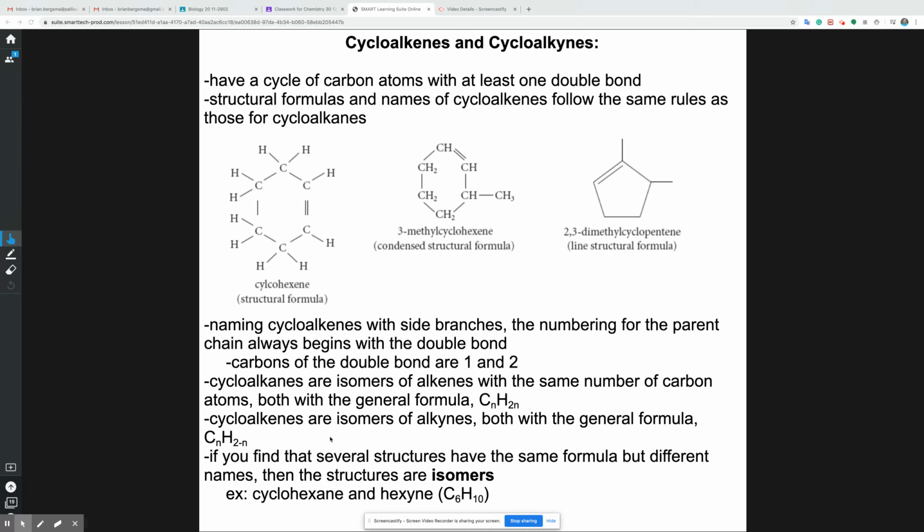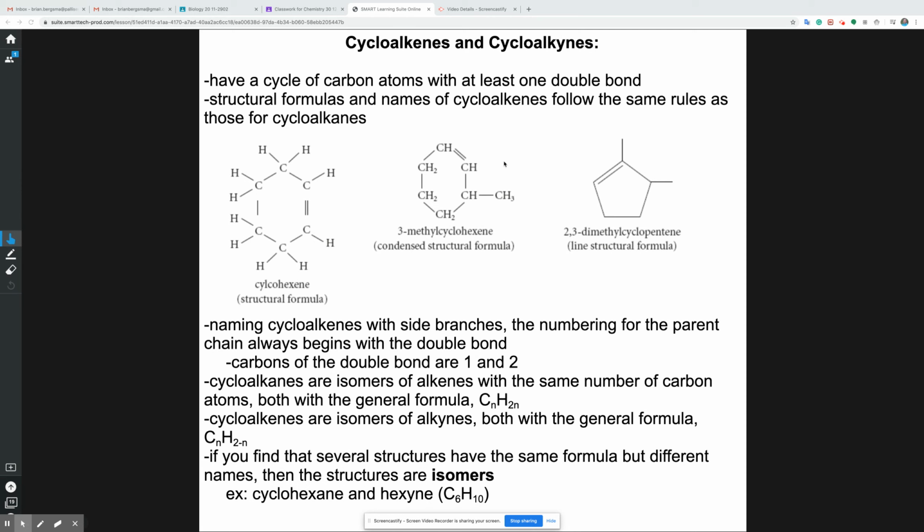Cycloalkenes are isomers of alkynes with the general formula CnH2n minus 2. If several structures have the same formula but different names, those are what we call isomers.